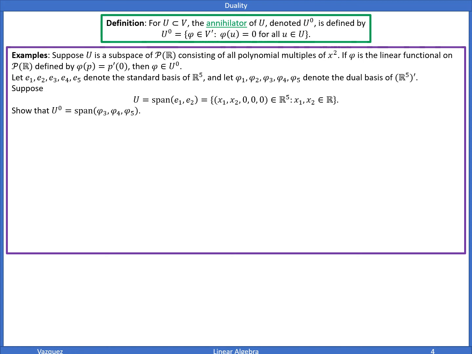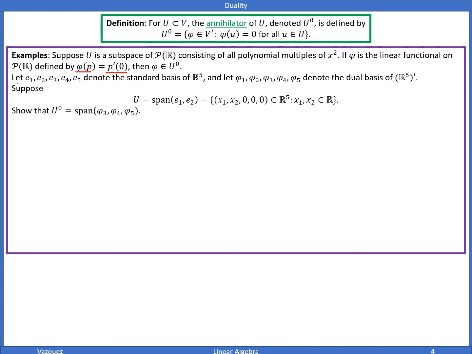If phi is the linear functional on the vector space of polynomials defined by phi of p, taking the derivative and then plugging in 0, then phi is an element of the annihilator of U. So how do we show this?